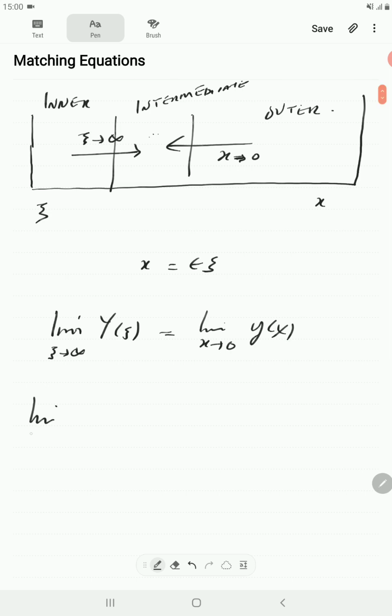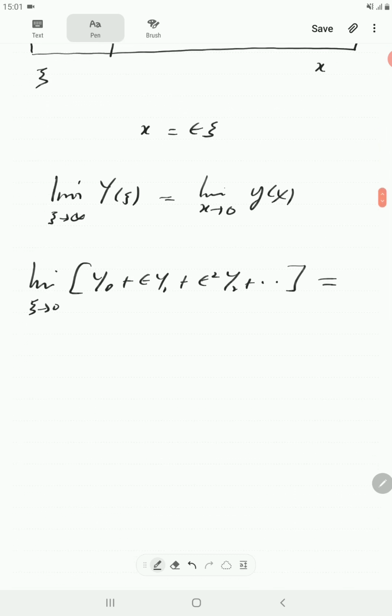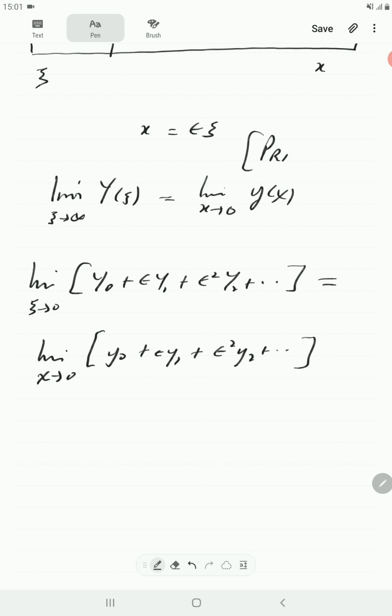Now, of course, we did an expansion of big Y, so that's y0 plus epsilon y1 plus epsilon squared y2, etc. And then on the other hand, we have this one, which we wrote as y0 plus epsilon y1 plus epsilon squared y2, etc. By the way, this equation here is due to Prandtl.